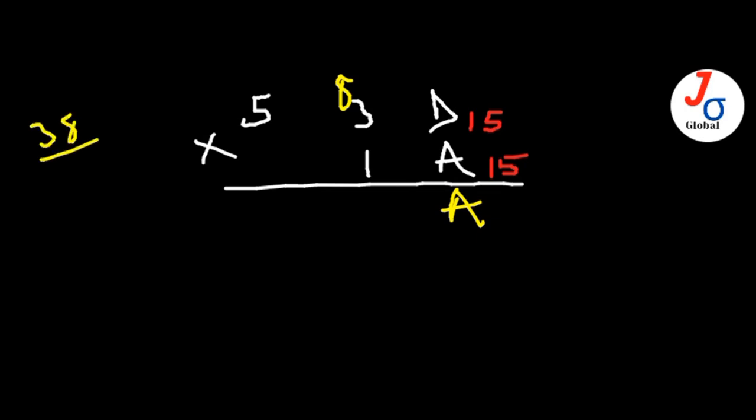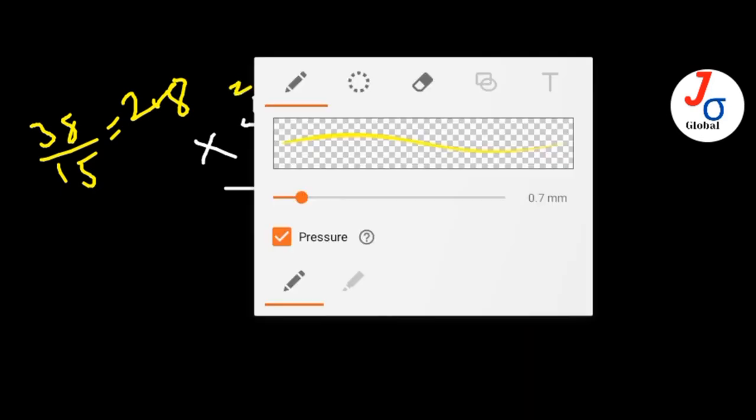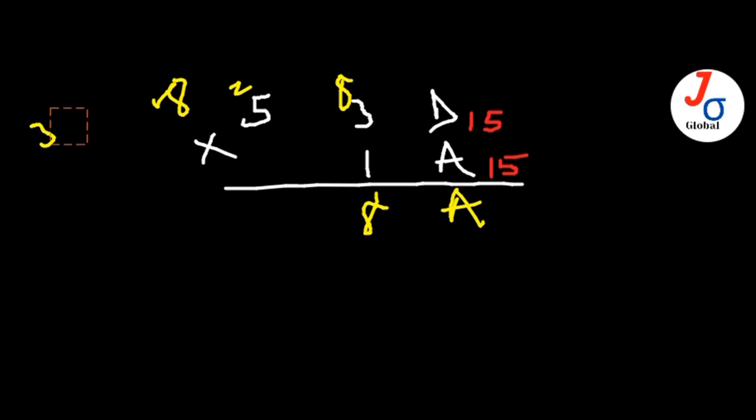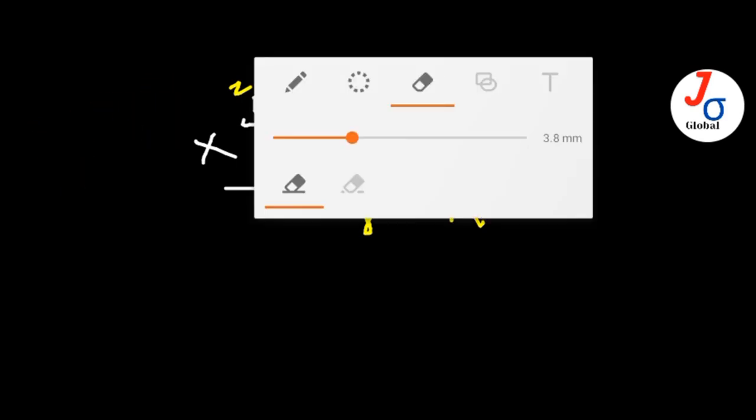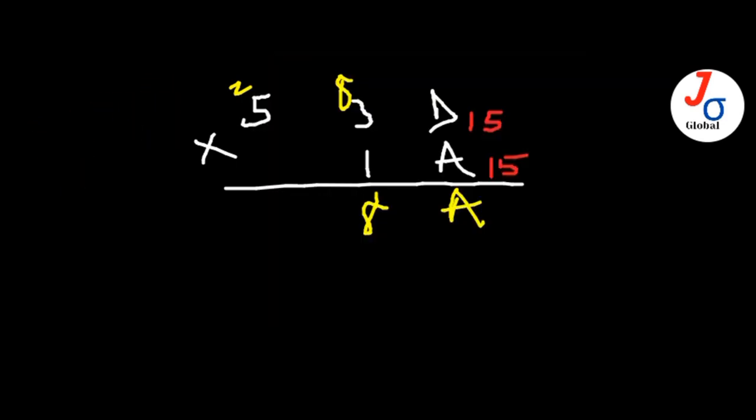And so you have 38, then just do that here. 38 divided by the base, that's 15. So you have 38 divided by 15. And so what I got is 2 remainder 8. Okay, so I'm going to write down the remainder 8, then carry the 2 up. Then I have A multiplied by 5.